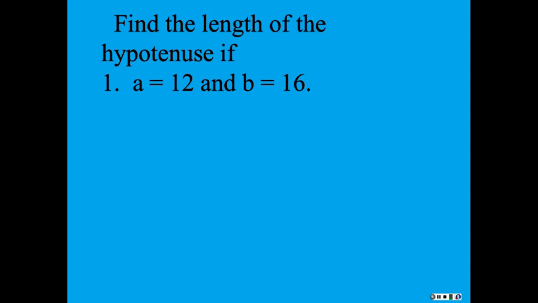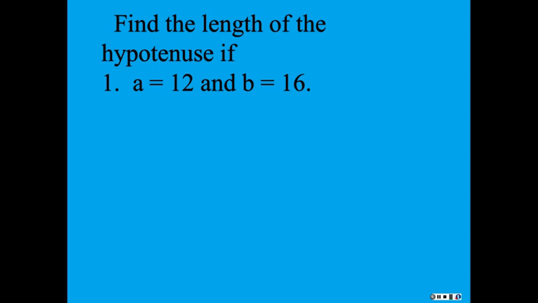So for this problem, let me go ahead and draw it for you guys, because I don't understand why you guys forgot this. This is something you can't forget. Here's your right triangle. A is equal to 12. B is equal to 16. And they want to know what C is.